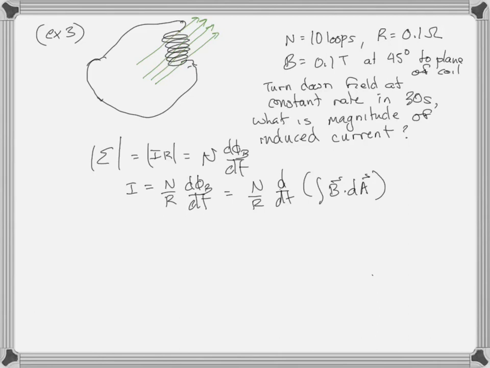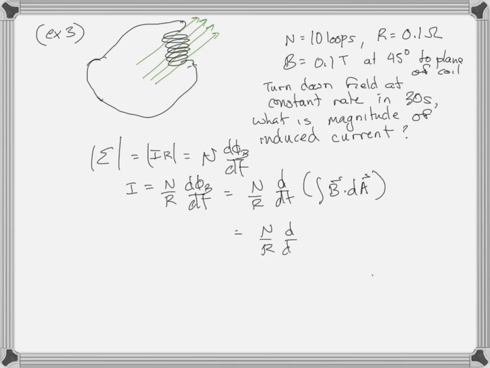Now, while B doesn't change over the area, it is at an angle. So B is still constant over the area, but let's just write it out. The dot product, right, B dA cosine theta, there's a 45-degree angle.